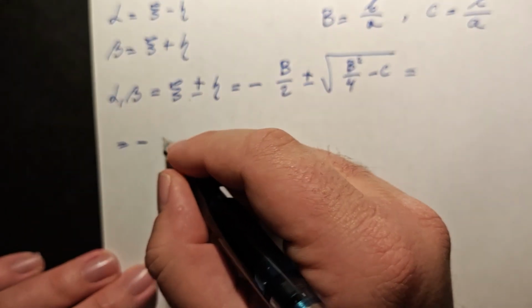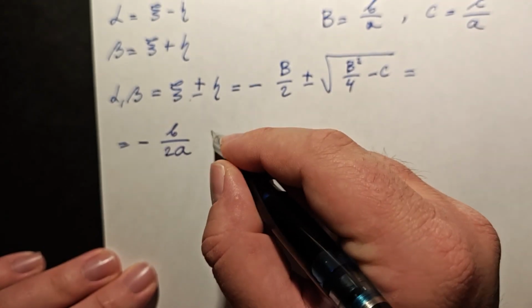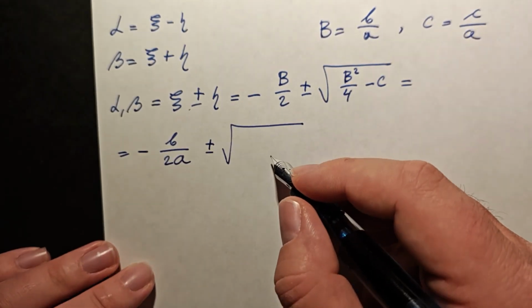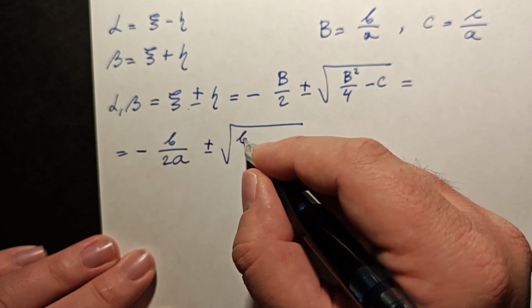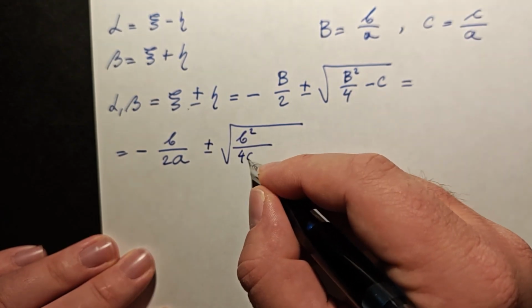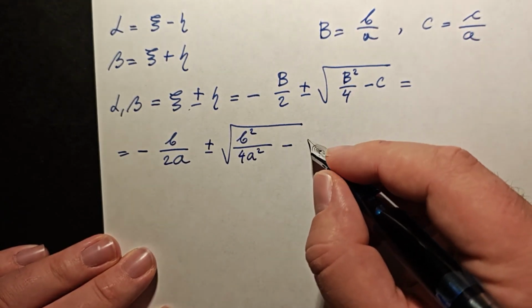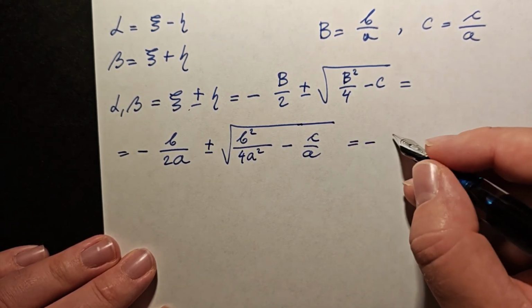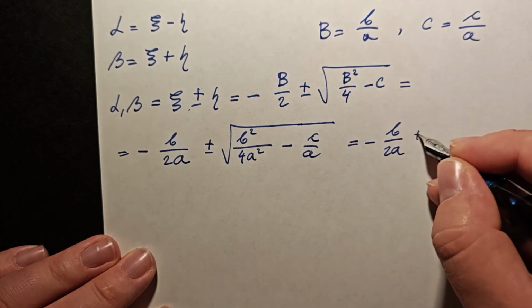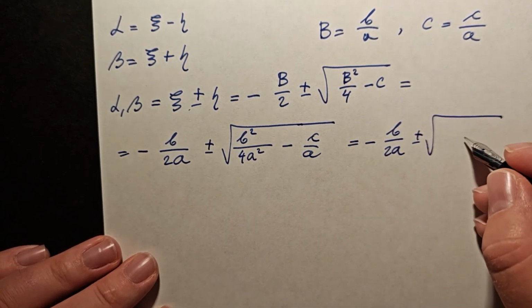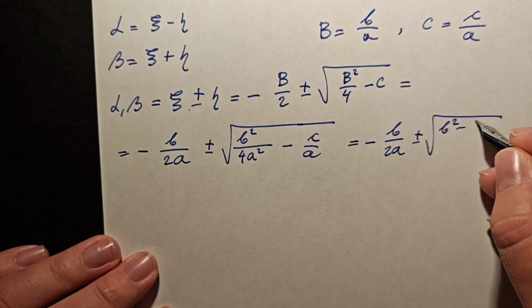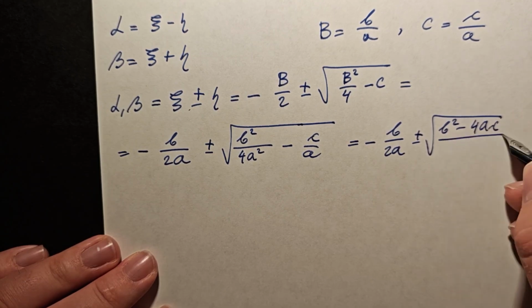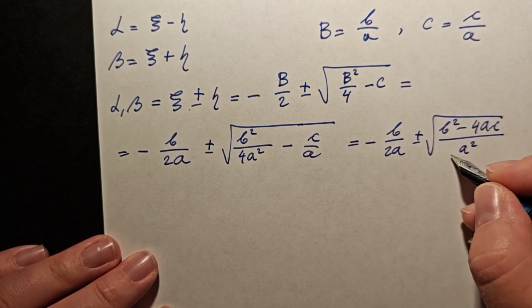So this is negative b over 2a plus or minus the square root of b squared over 4a squared minus c over a. So this is equal to negative b over 2a plus or minus the square root of b squared minus 4ac divided by 4a squared.